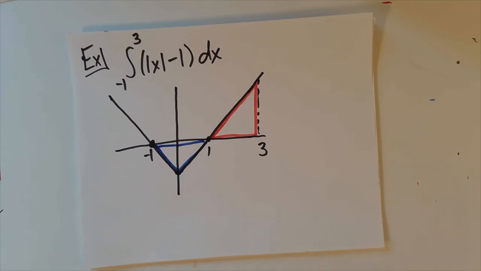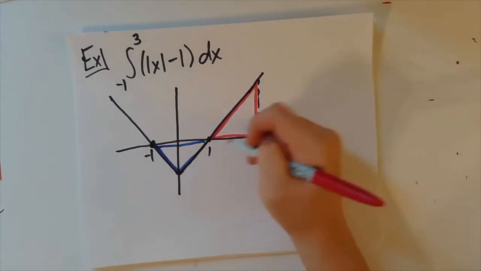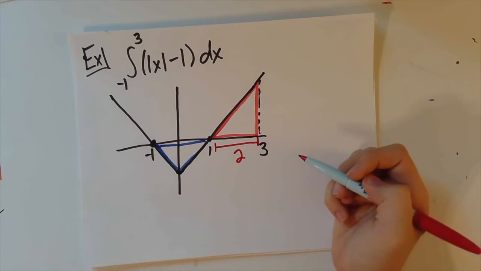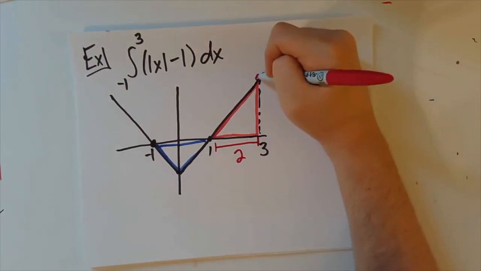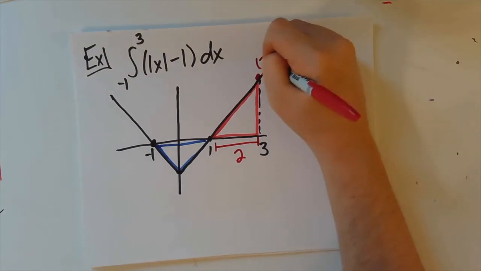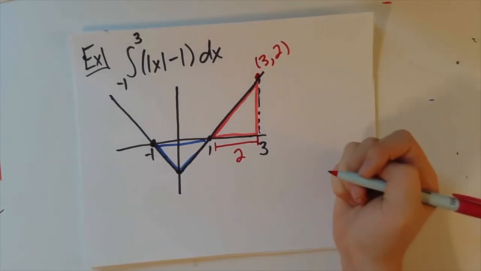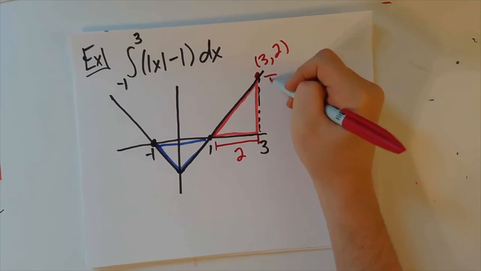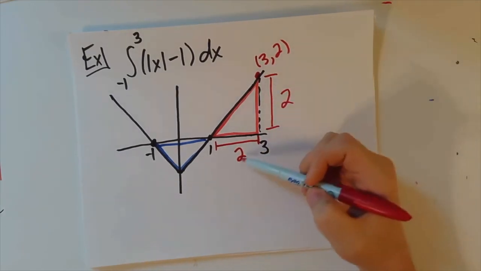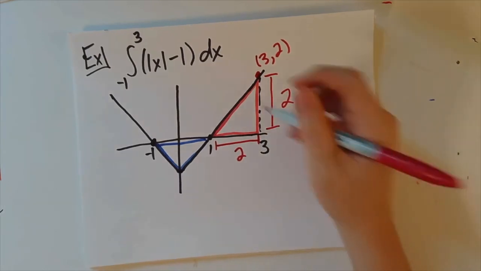So this triangle is 2 wide, because it goes from 1 over to 3. And this point here is 3, 2, which means that this triangle is 2 high. And so its area is 1/2 of 2 times 2, which is 2.